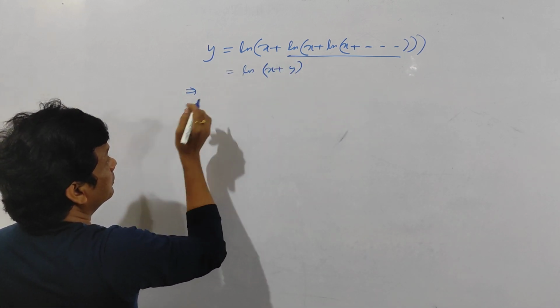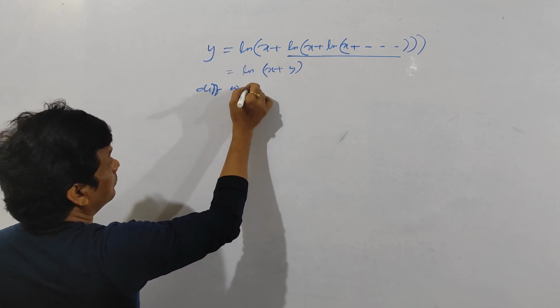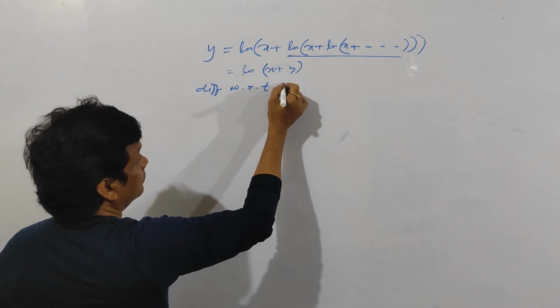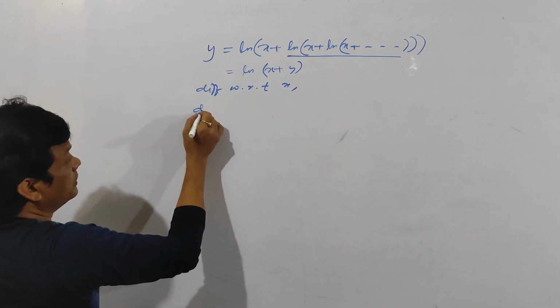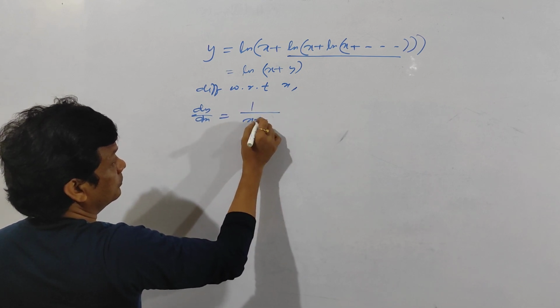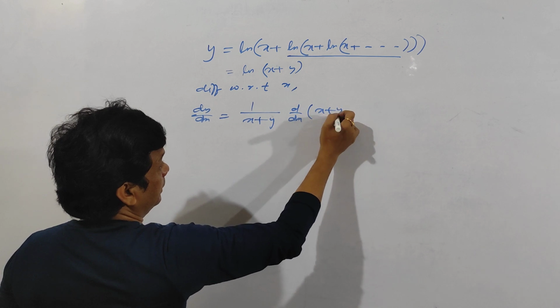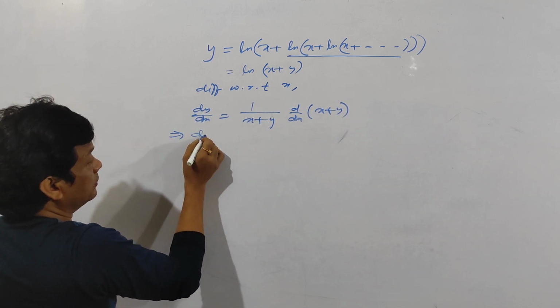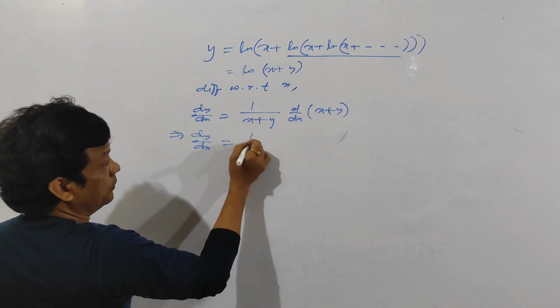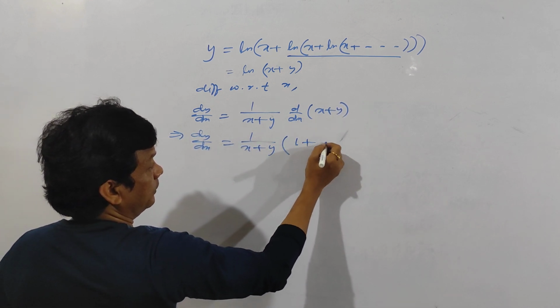That means, now differentiating with respect to x, derivative of y is dy by dx. It is ln u, 1 by u into derivative of u, that means x plus y. So it implies dy by dx is equal to 1 by (x plus y) into derivative of x is 1 and derivative of y is dy by dx.